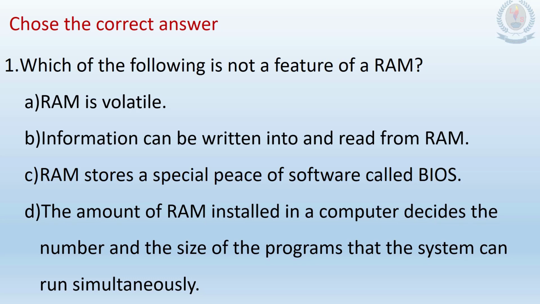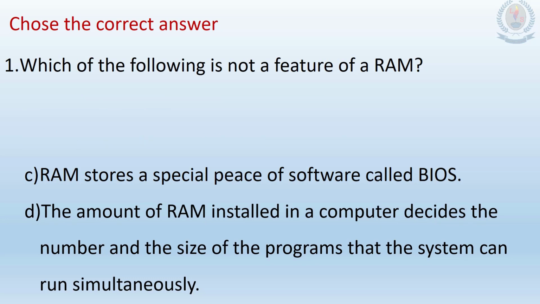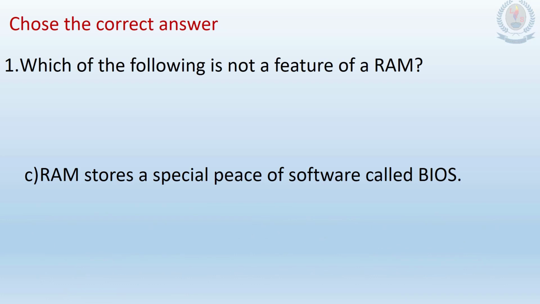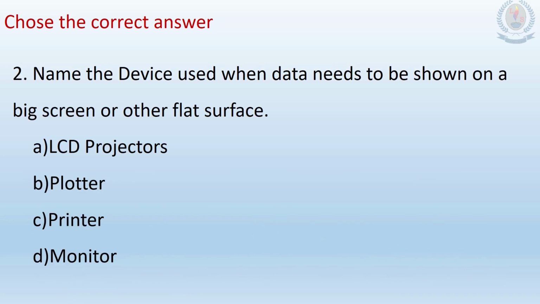So we take answer C, which is not a feature of RAM. Next, choose the correct answer. Name the device used when data needs to be shown on a big screen or other flat surface. It's very simple. It's not the plotter, not the printer, not the monitor, and it is the LCD projector.